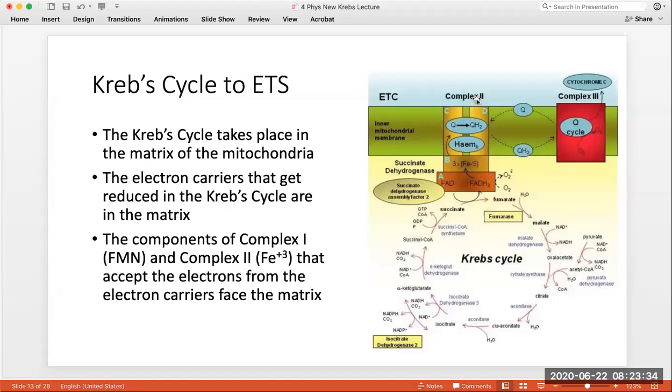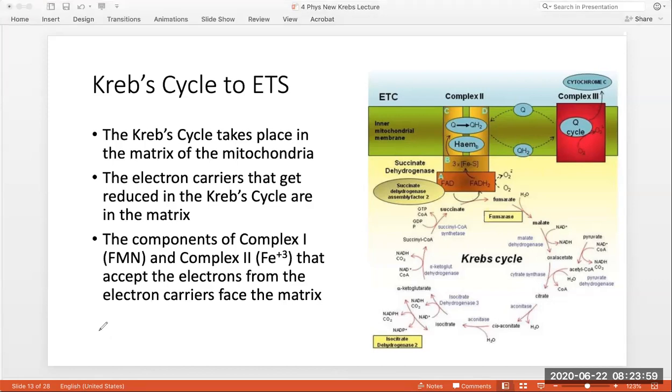And so the name of complex 2 is succinate dehydrogenase. A dehydrogenase is an enzyme that's going to dehydrogenate something. It's going to pull a pair of electrons off of a substrate and transfer them to something else. That is a dehydrogenase.